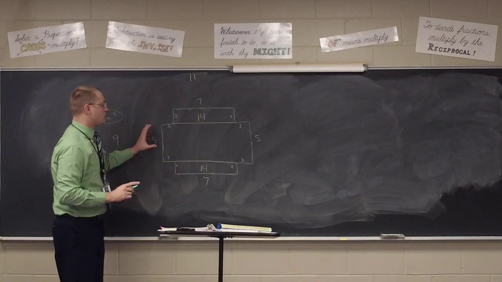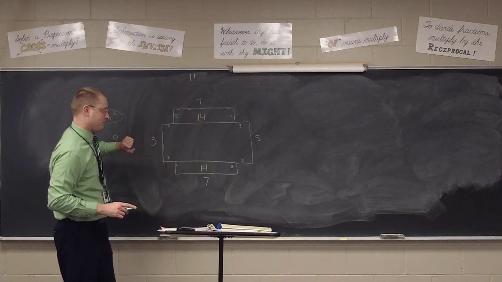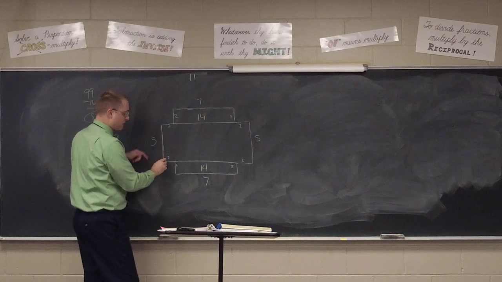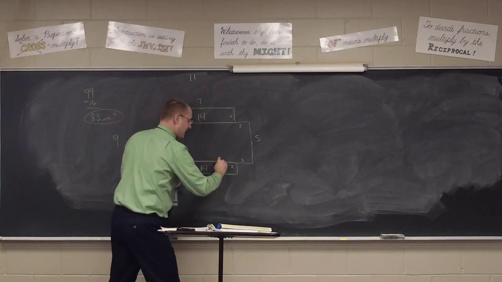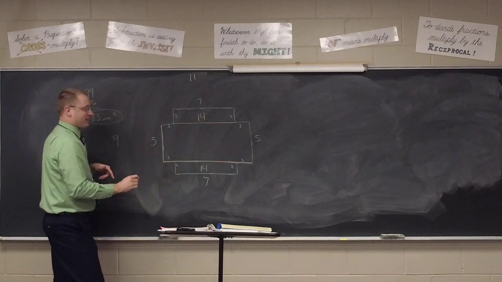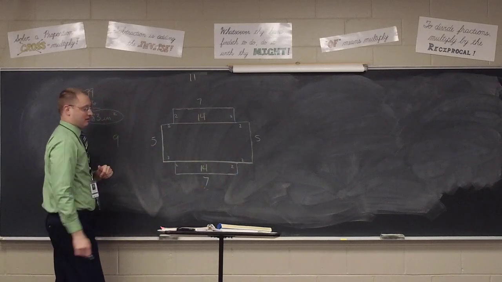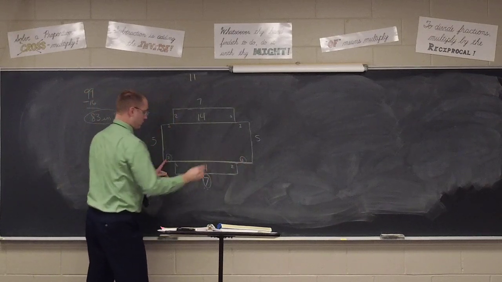What are the dimensions of the big middle rectangle? Obviously, this dimension is 5 by... I got 7 by... But it should have been... 14. Ooh. 28. You have a little 2, you have a 7, and you got a 2.